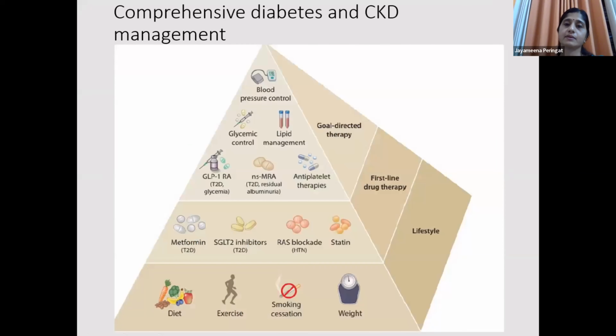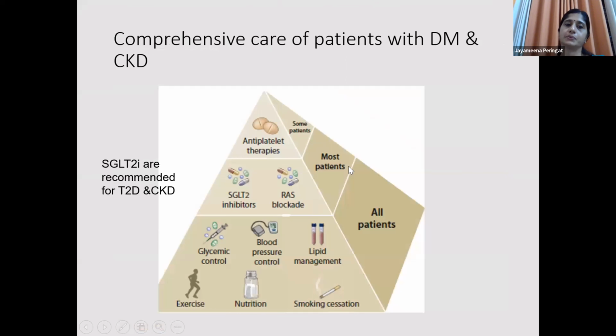Okay. So what is comprehensive diabetes and CKD management? It basically includes lifestyle, first-line drug therapy, and goal-directed therapy. The lifestyle, we all know, is basically diet, exercise, smoking cessation, and weight reduction. We'll go one by one. In the drug therapy, we can offer to most patients, but not to all.